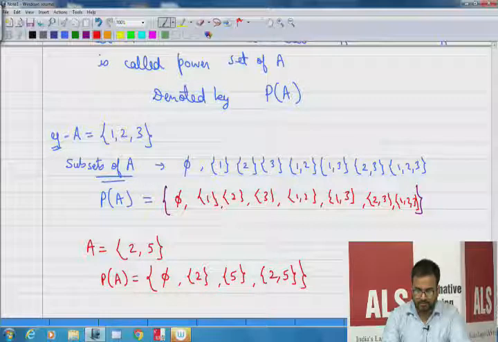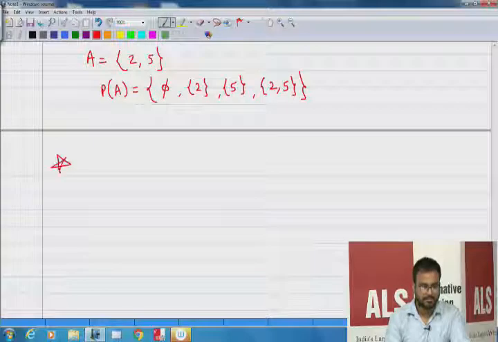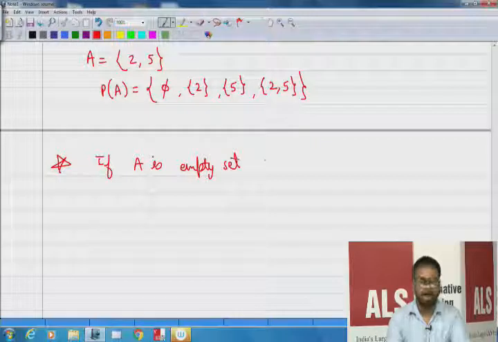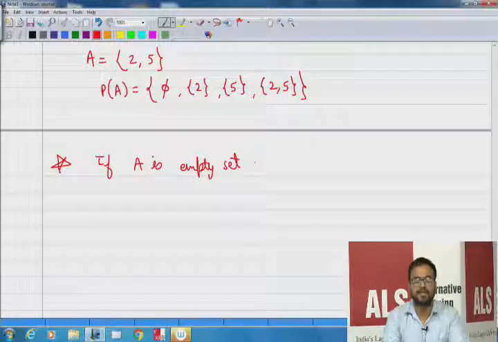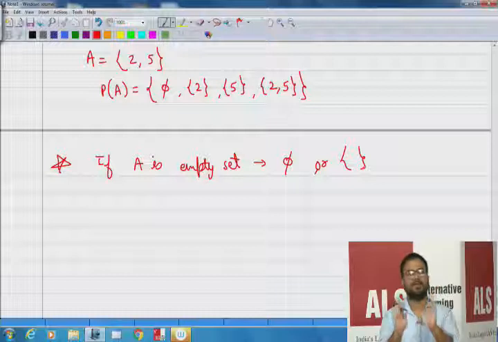And one more thing: if A is the empty set, and I have told you how we can write that empty set. Either you can write the empty set as φ, or you can write it as simple curly brackets with nothing inside.